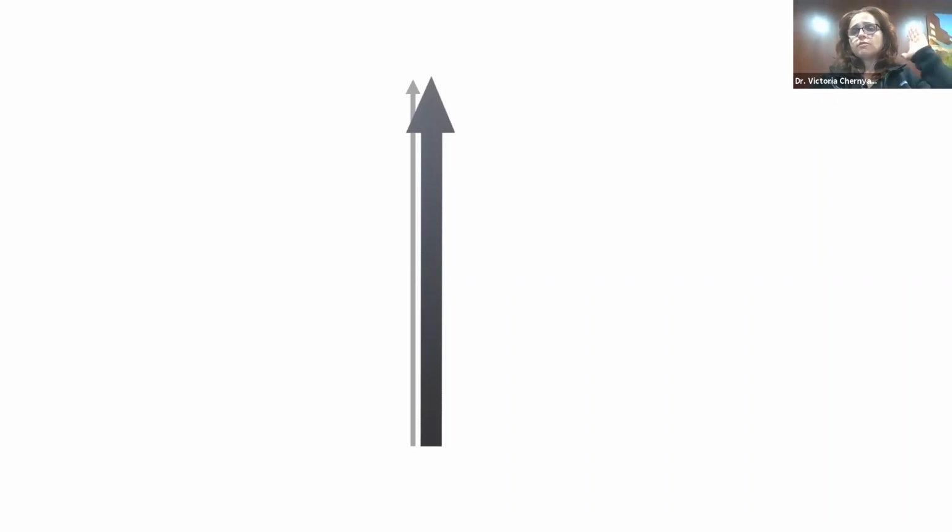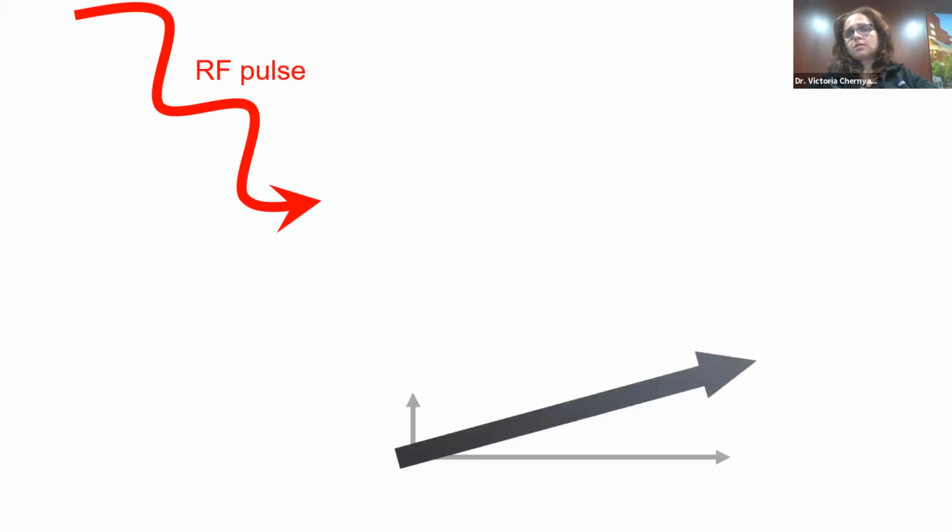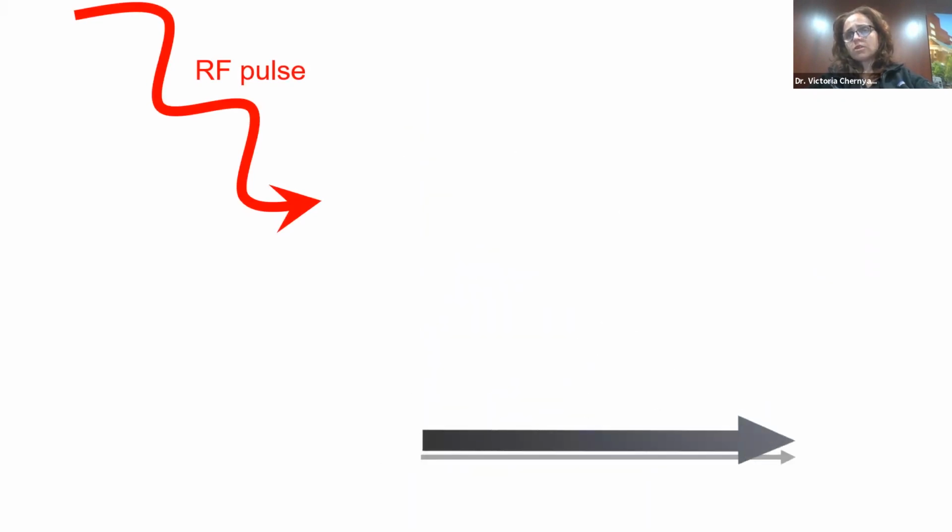Remember, we start out with a vector which is fully in the longitudinal, up and down direction. Once we give the RF pulse, this will change, and the transverse vector will increase because the vectors will sum up. And the more and more spins will flip, the less and less the longitudinal vector will become.